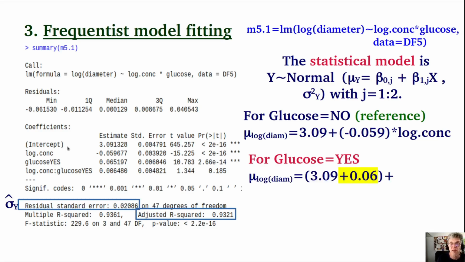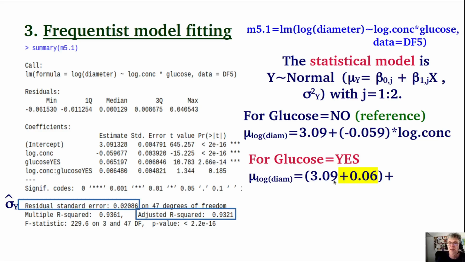And for glucose yes, now we have a differential of intercepts, which happens to be positive in this case. And here we see the interaction between log concentration and glucose yes. Therefore, this is a difference of slopes.